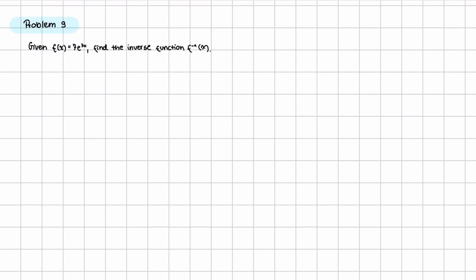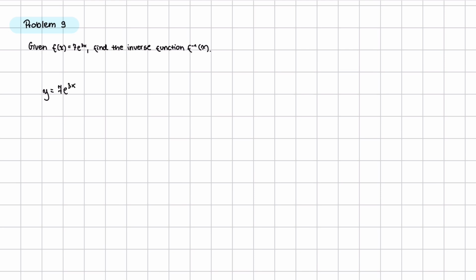In problem number 9, we have to find the inverse function of our function that is given. So we can rewrite it like this. f of x is the same as y, so we can write it like this.